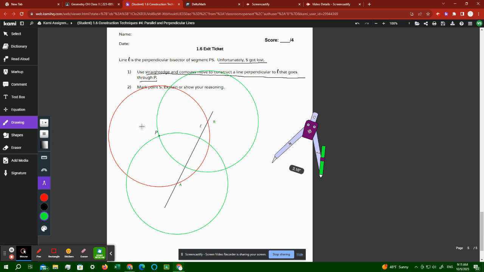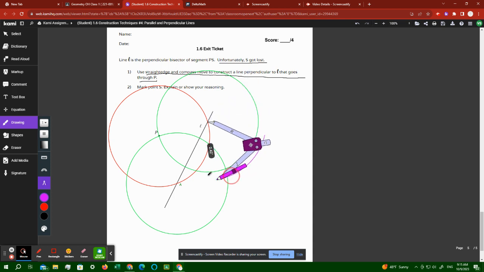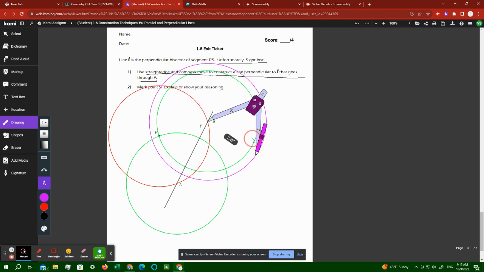Maybe I should just make some bigger circles to show you what I'm talking about. Let's go back here. I'm going to make this a little bigger, and I'm going to make my circles, not to confuse you, but just to show you that it doesn't matter how big the circle is, you should get the same result.